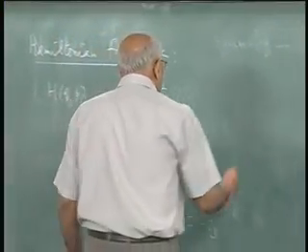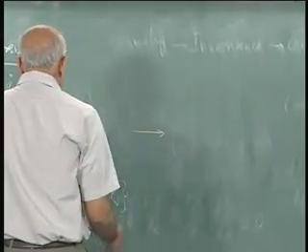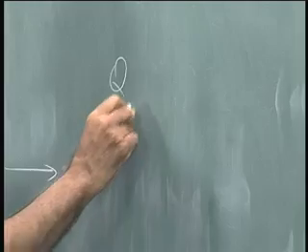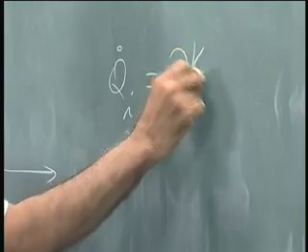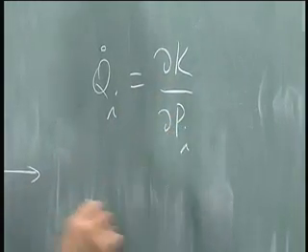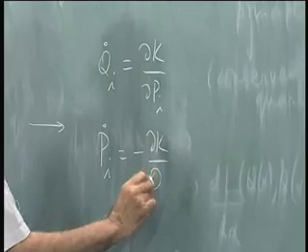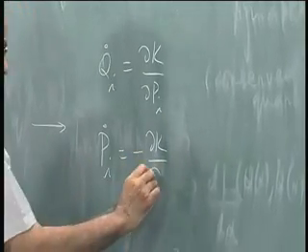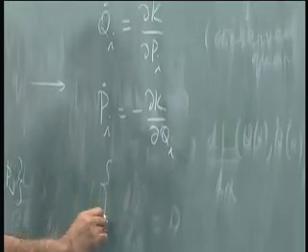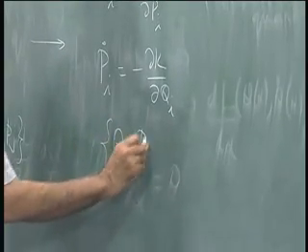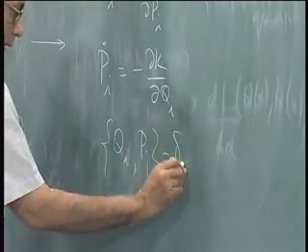So this thing here must go over into something which looks like q_i dot equal to ∂K/∂p_i, p_i dot equal to minus ∂K/∂q_i, and moreover you must have the Poisson bracket of q_i and p_j equal to δ_ij.